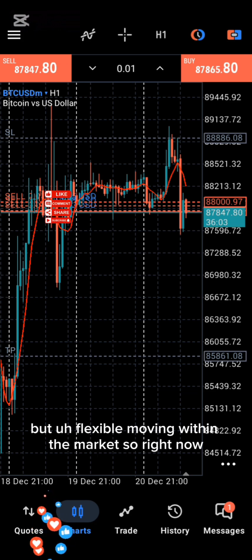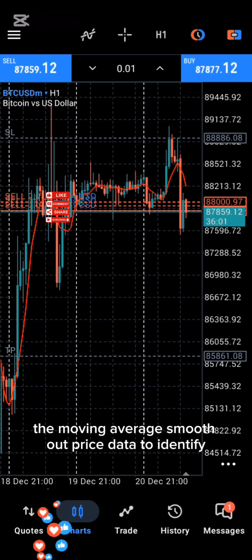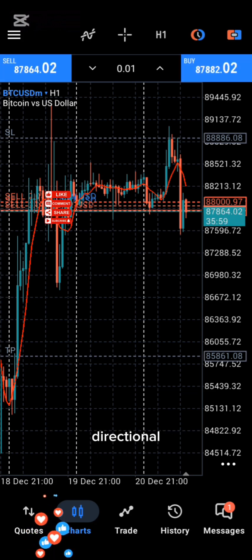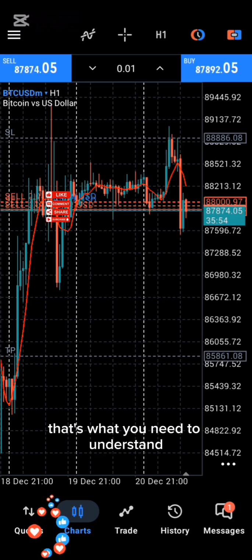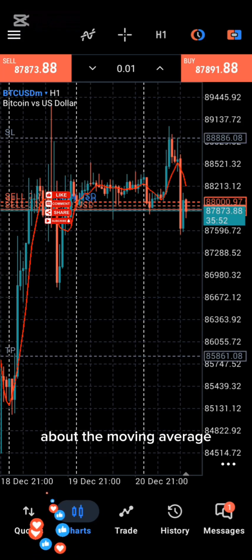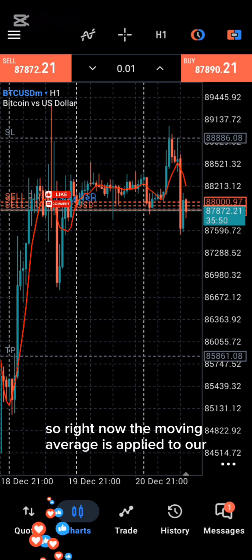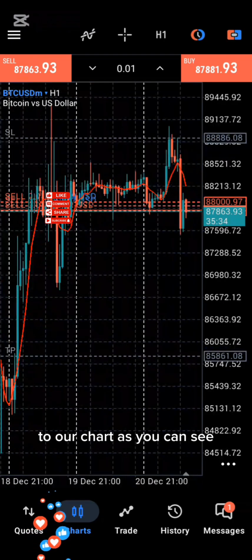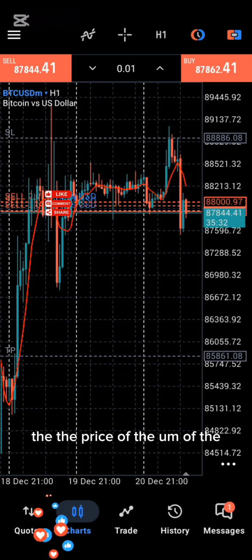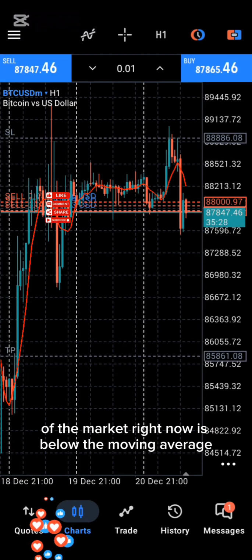So right now the moving average smooths out price data to identify the directional market trend. That's what you need to understand about the moving average. So right now the moving average is applied to our chart. As you can see, the price of the market right now is below the moving average.